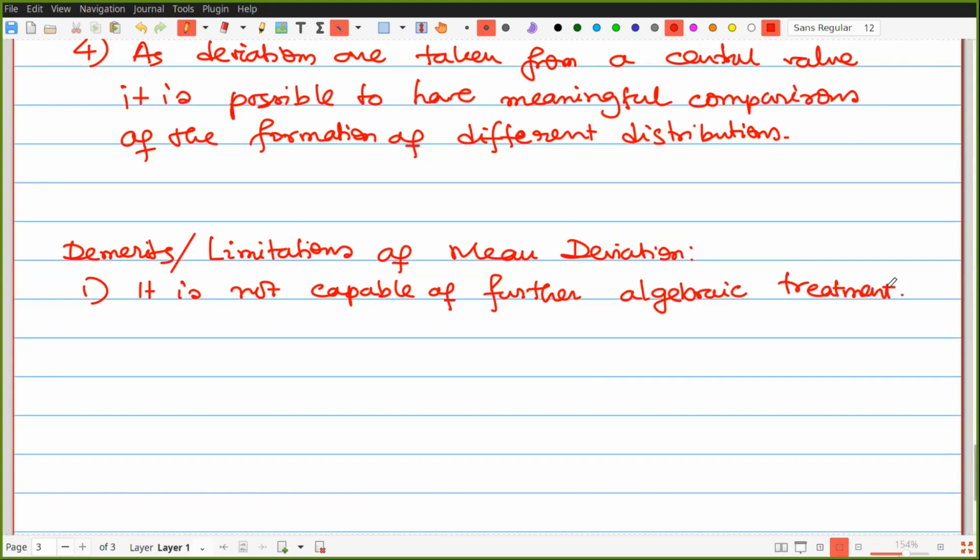Further algebraic treatment means if there is something wrong in the middle of the calculation, we cannot calculate it from that position. We have to calculate it from scratch, from the very start.